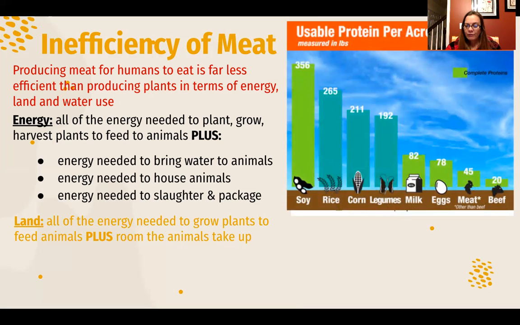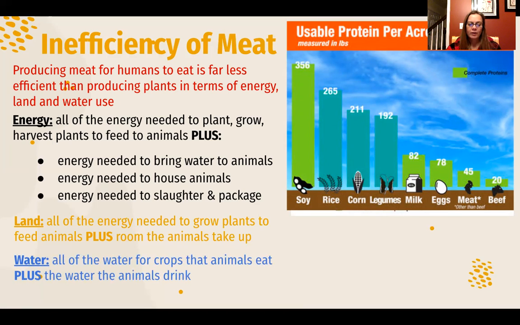So per acre of farmland, you can see much lower usable protein for beef or for other meat. Soy is a protein replacement that packs a major punch in terms of usable protein per acre.